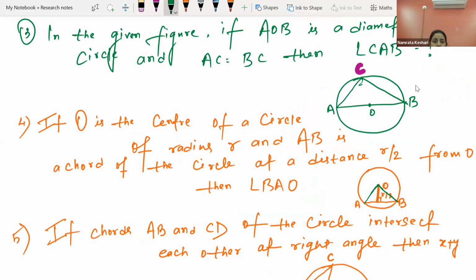O is the center of a circle of radius r, and AB is a chord of the circle at a distance r by 2 from O. Then angle BAO.